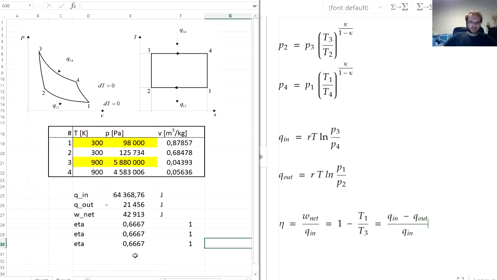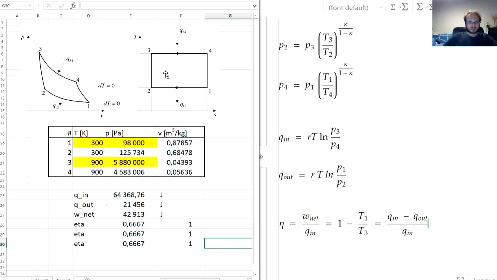One of the reasons this cycle cannot be implemented is, first, all real processes are irreversible. So, for example, 2 to 3 will not be exactly isentropic, but will be a little bit departed from that.